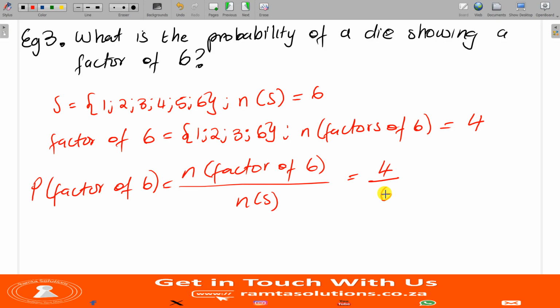That is your sample space, isn't it? Now this we can simplify. It will be 2 over 3. You can leave it like this. Otherwise, 67%, but there's no need. Leave it like this, 2 over 3. Okay? So this is your theoretical probability, and this is where I am leaving it.